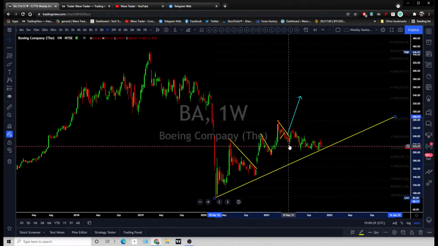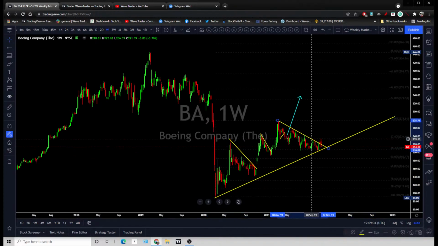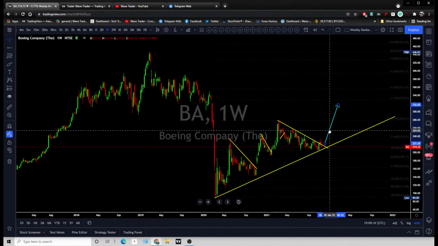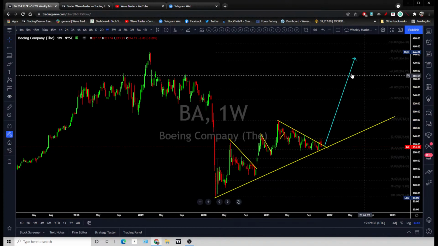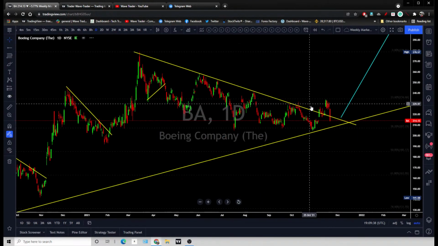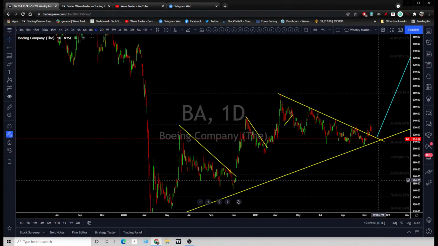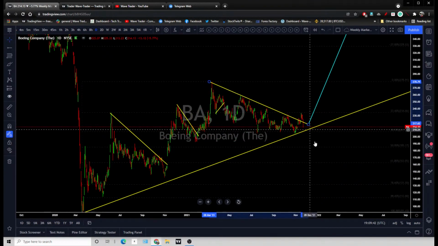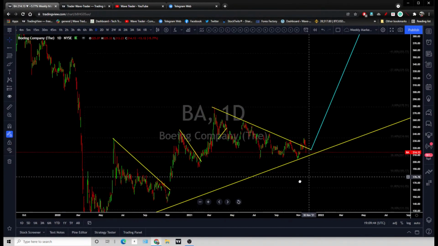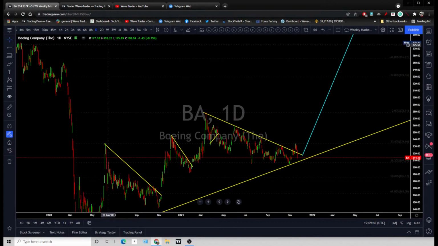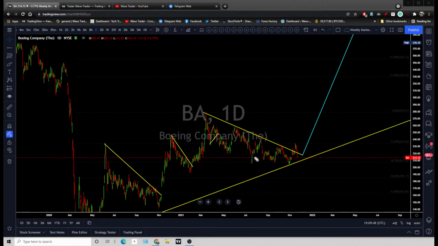Okay, there is opportunity on the Boeing, simply a longer term opportunity. All right, a longer term buy opportunity on the Boeing. So it's a clear buy opportunity. So whether you're a longer term or short term investor, all these lows forming over there are very important for this next leg on the Boeing.